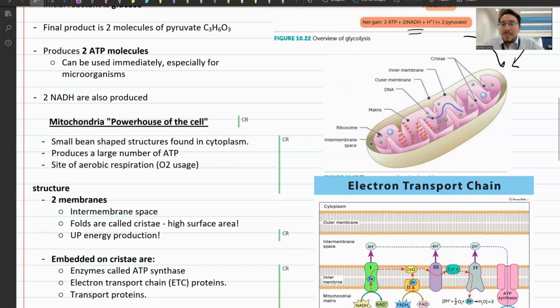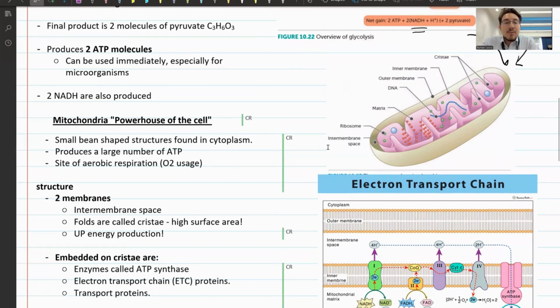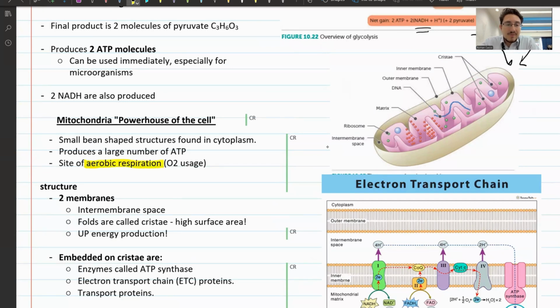It's a double membrane structure, with an inner membrane, this little enfolded sac, and the outer membrane. Here is where you're producing the majority of ATP, and where you're getting the aerobic part of respiration. When I say aerobic, I am talking about oxygen consumption.